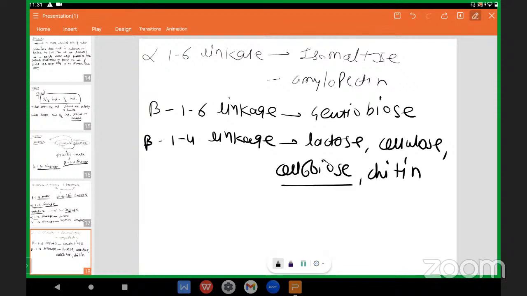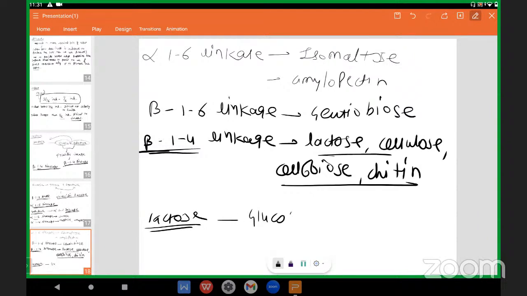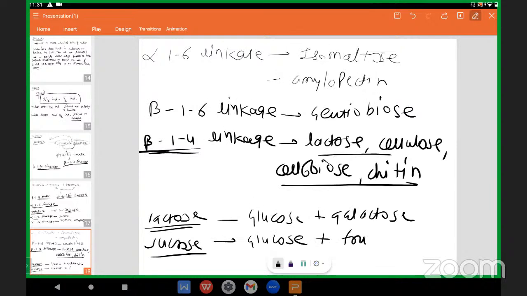All these compounds show which linkage? That is beta 1,4 linkage. Right? So एक side पे ये भी list करके रखना. Lactose is made up of glucose plus galactose. Sucrose is made up of glucose plus fructose.